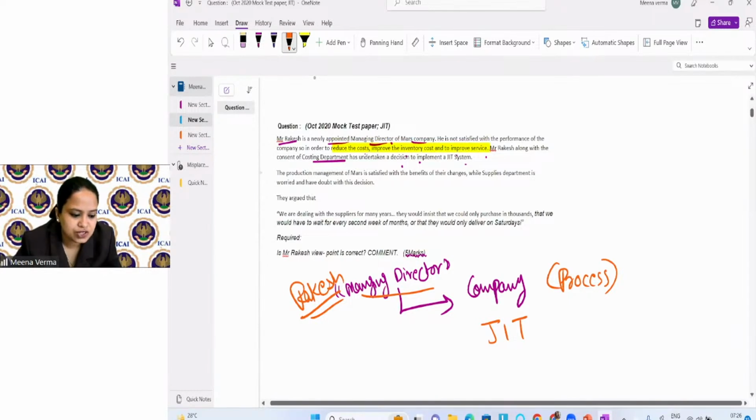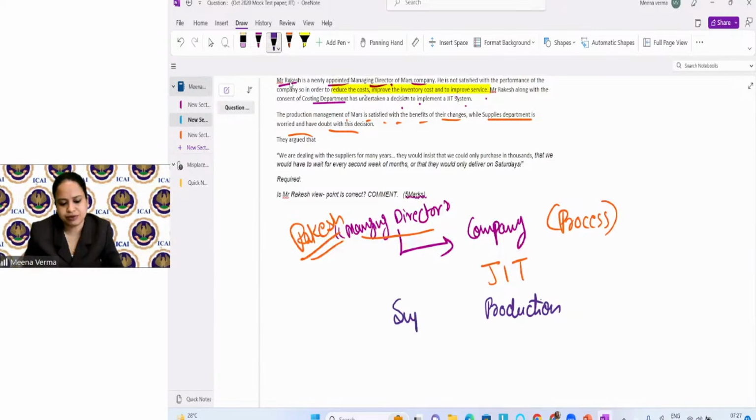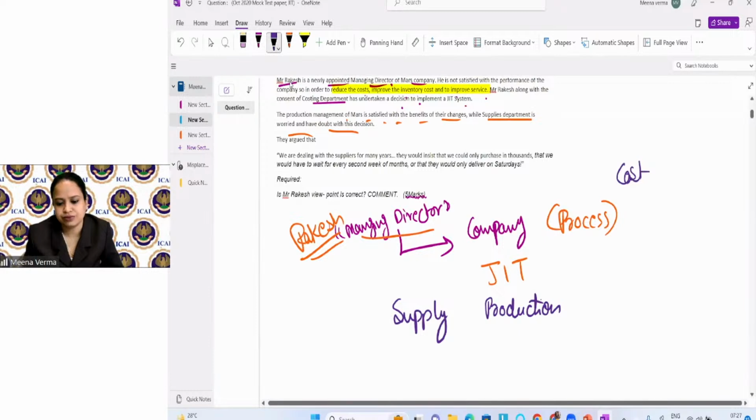Now what is mentioned: the production management is satisfied with the benefit of these changes, while the supplies department is worried and has a doubt. So obviously the company has a production department, a supply department, and a cost department also.